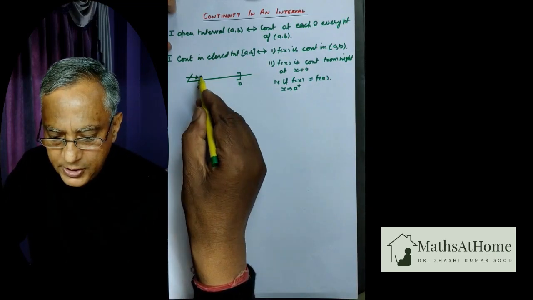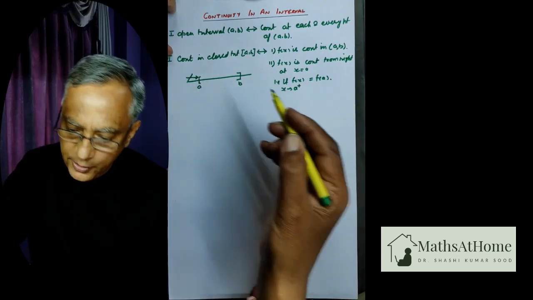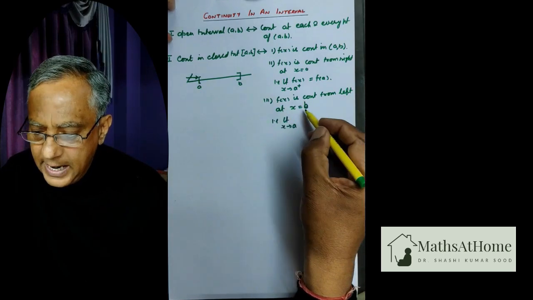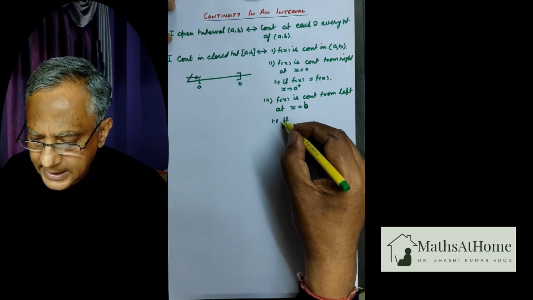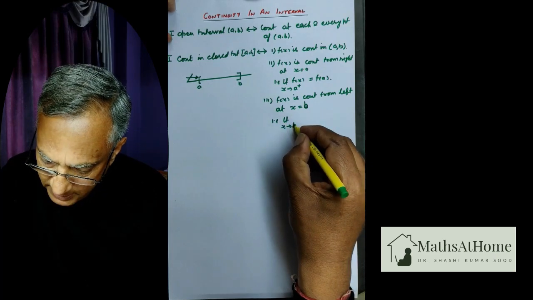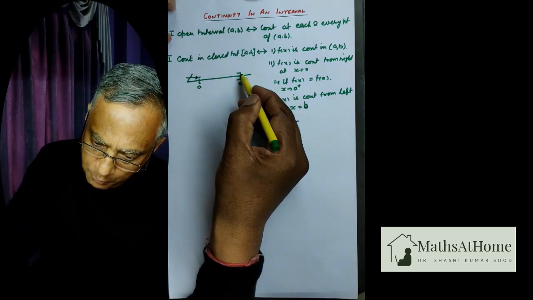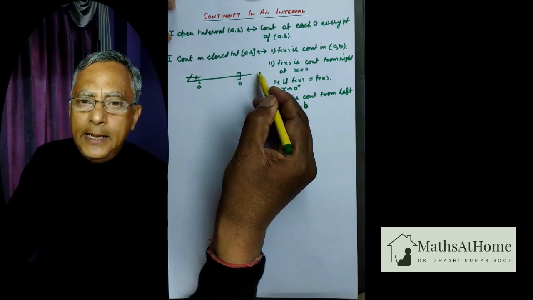We can only check the right continuity. And third is, f(x) is continuous from left at x equal to b. That is, limit x approaches b from left, because these points are not inside this interval.